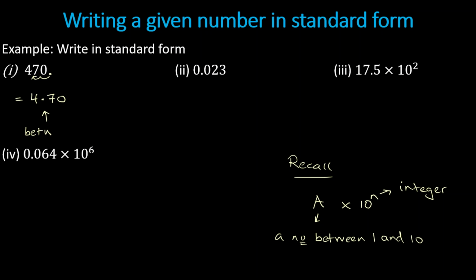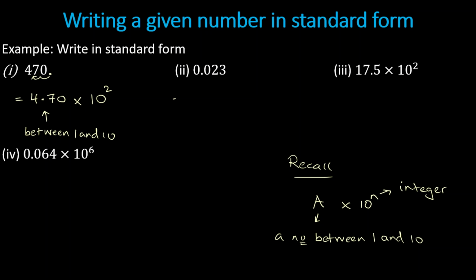This is okay. Then we need to multiply by 10 to the power of how many places have we moved? 2 decimal places in the left direction, so positive 2. Right? We have learned about this in the previous session, so it's just a recap.